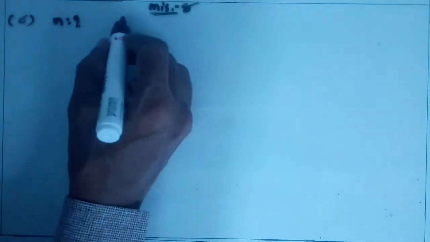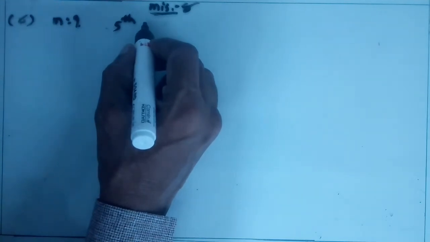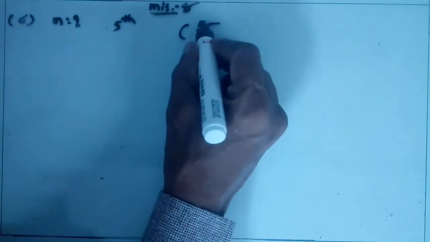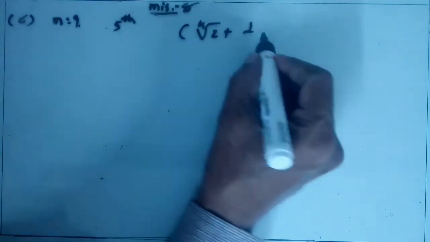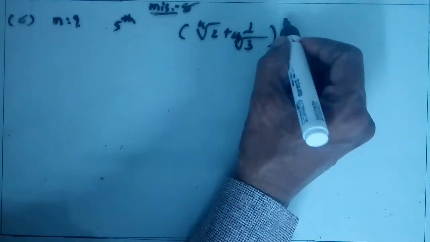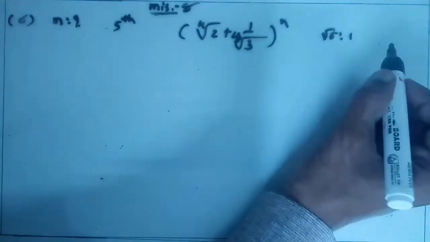Now question number 8. Find n if the ratio of fifth term from the beginning to the fifth term from the end in the expansion of fourth root of 2 plus fourth root of 3 raised to n is root 6 ratio 1.